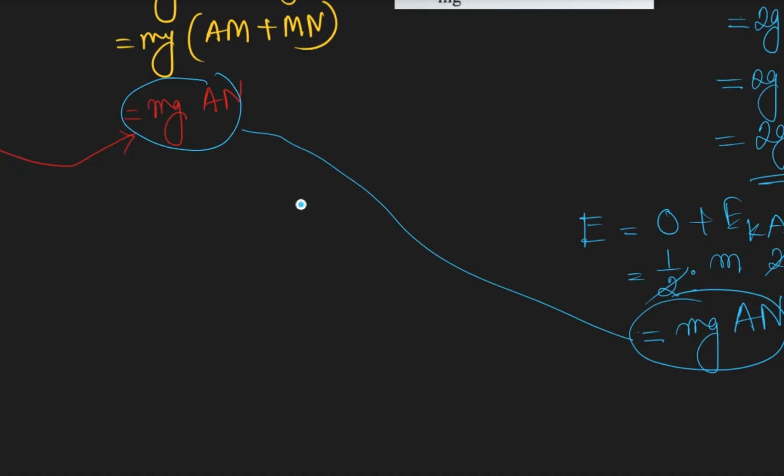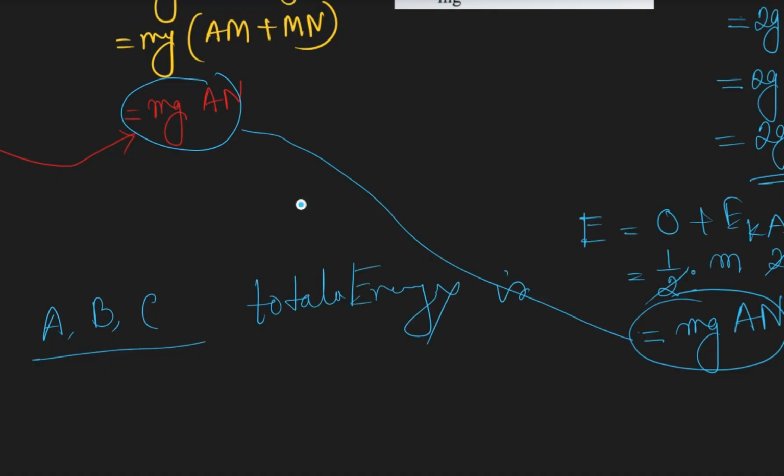So we can write down that at point A, point B and point C, everywhere the total energy is the same. So EA is equal to the total energy at B, which is equal to EC.